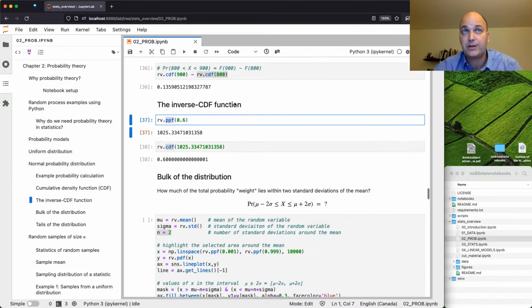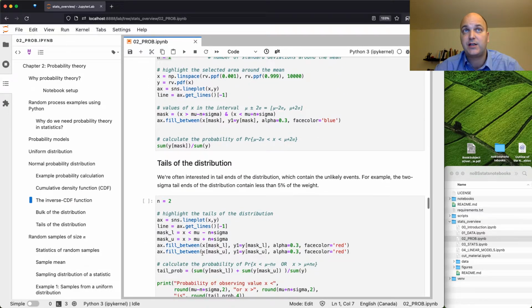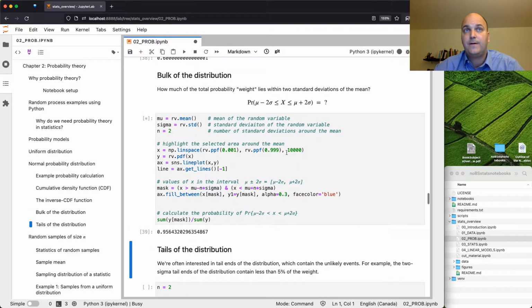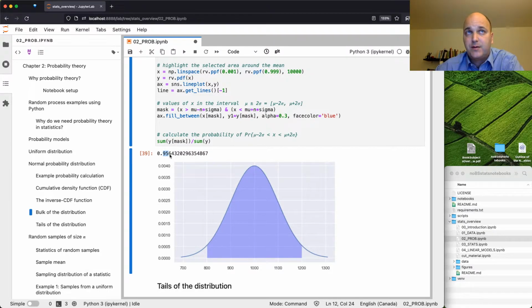In particular, there are two common scenarios, the bulk of the distribution and the tails. Let me show you. If we go 2 standard deviations away from the mean, this shaded region contains 95% of the weight, more than 95%.